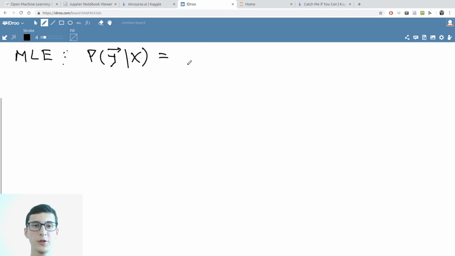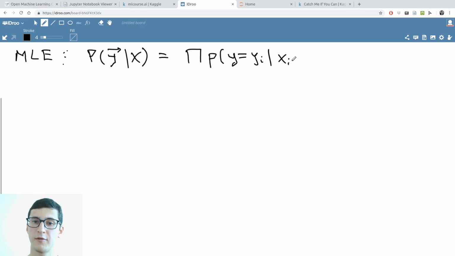And we'll convert it to a really big product of the very same observations, so probabilities that the label is equal to yi, given that we see a vector xi. And this product will be for i from 1 to L, where L is the number of instances.